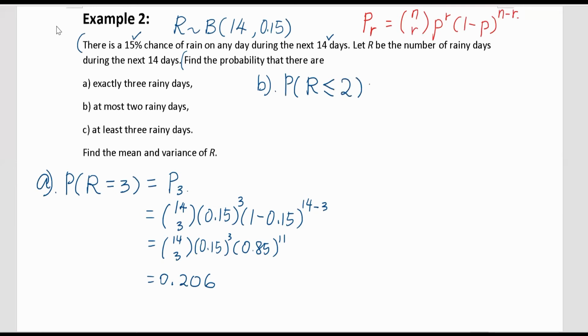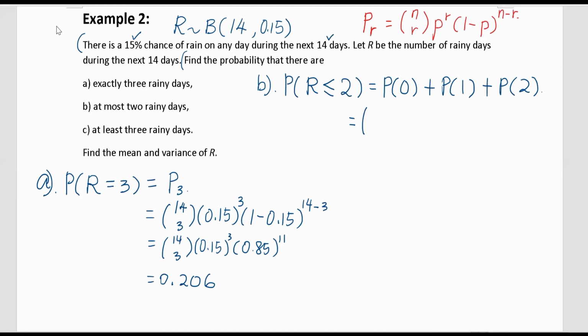And what does it mean? It means that out of 14 days, it can have no raining day at all, or it can have exactly 1 raining day, or 2 rainy days, right? Then we are going to use the formula 3 times and find out the probability for this, at most 2 rainy days.